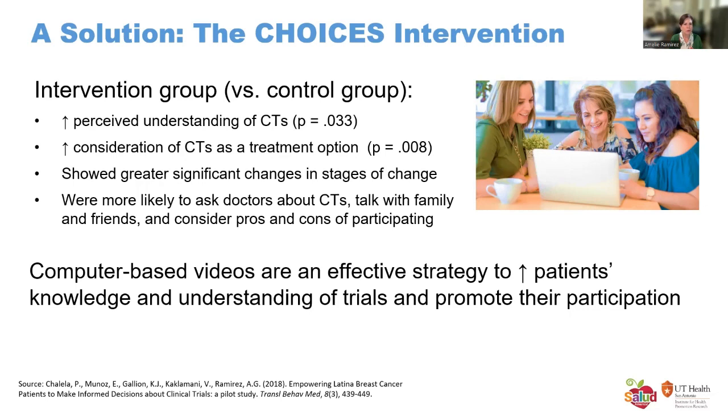And there are different stages of change, where someone may not have had any information, now they have a little bit of information, to someone who has good information and now they might be ready to take the next step. So in each of those stages of change, we saw an increased significant difference that we specifically helped our patients be ready.